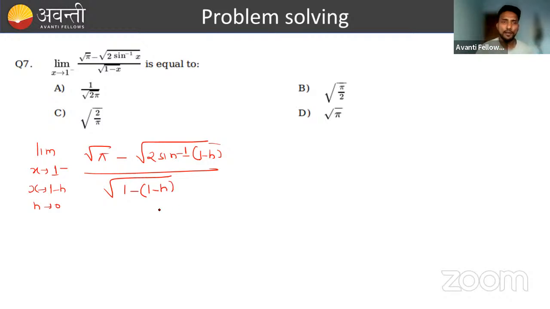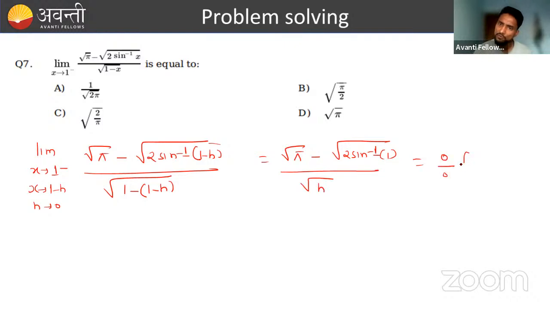So what will happen? It is root pi, and this is root 2 sine inverse of 1 minus h, which is almost 1. And in the denominator, 1 minus 1 is root h. So you will always get the 0 by 0 form.